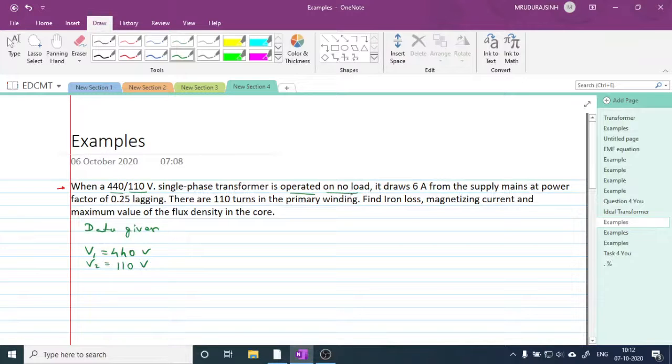So this is also important information. It operates at no load condition, right? It draws 6 ampere from the supply. That means the no load current, which is known as I0, is equal to 6 ampere.